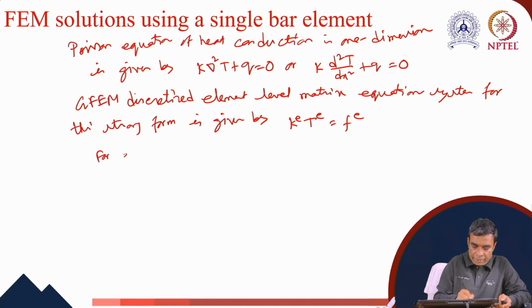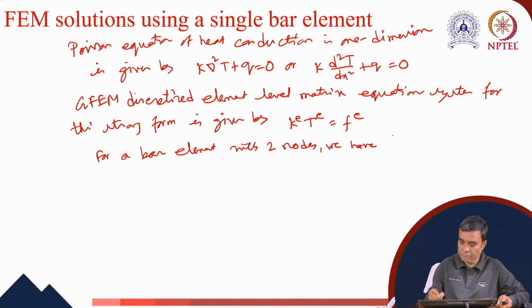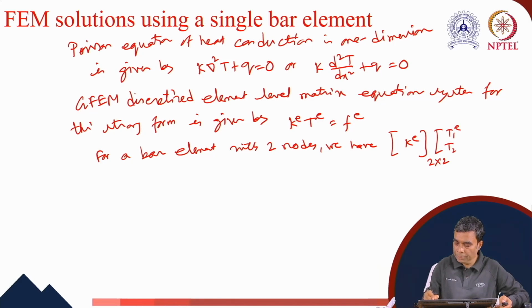For a bar element with two nodes, we have the 2 by 2 KE, T1E, T2E, then we have FE.